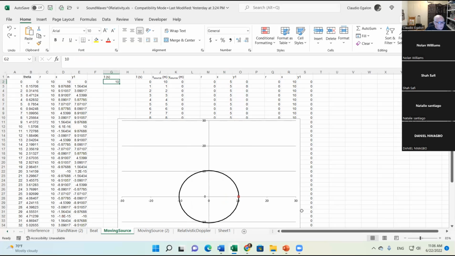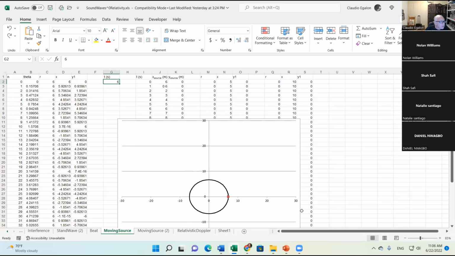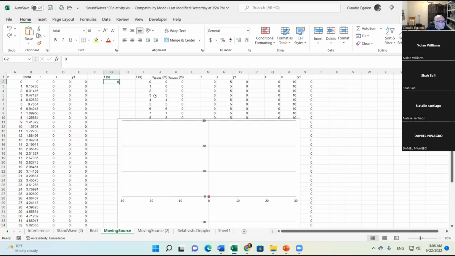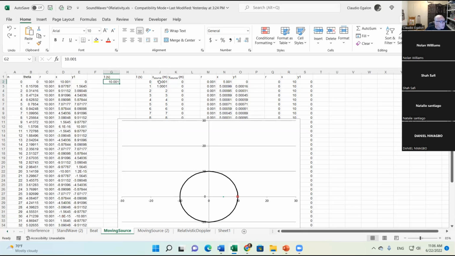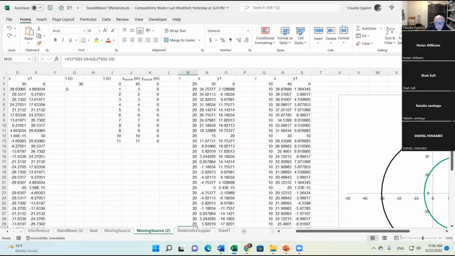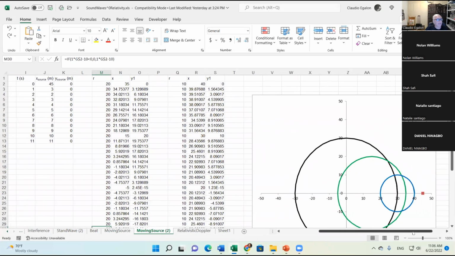Oh my goodness, I didn't adjust it for the supersonic speed. Let me see if I can get it. Okay, that's the one. I was looking at the wrong one.